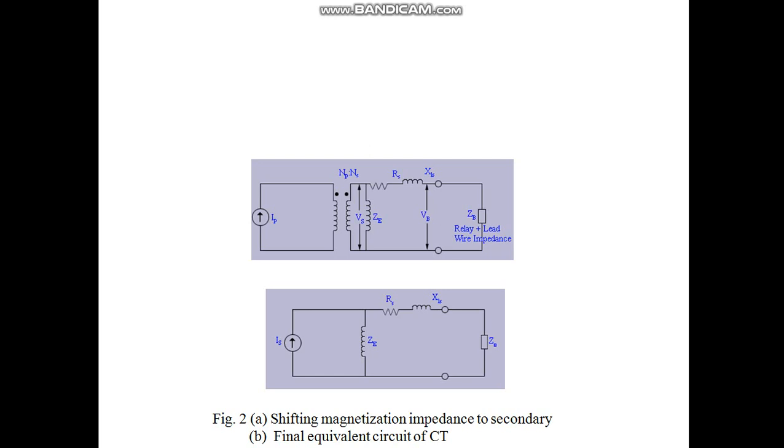The secondary voltage developed by the current transformer has to be monitored, because as per the transformer EMF equation, the flux level in the core depends upon it. We all know that the secondary side EMF equation is E equal to 4.44 multiplied by frequency, that is 50 Hz, multiplied by the number of turns on the secondary side and the flux produced, where flux is the peak sinusoidal flux developed in the core.